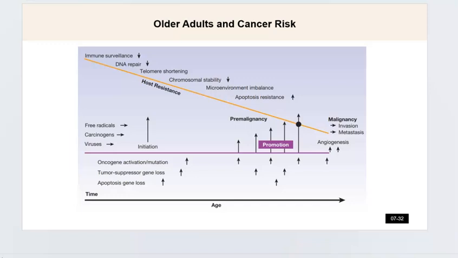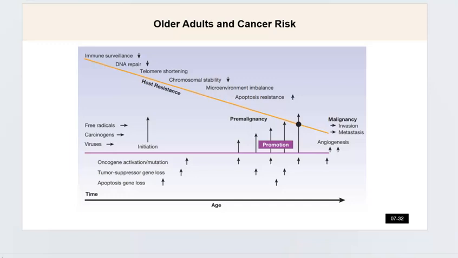So the more years we've lived, the more random errors we've had. Genetic damage can accumulate, and instability of our stem cells exists to a greater degree in the bone marrow of older adults. That suggests a progressive decrease in DNA repair, which leads to genomic instability with age.